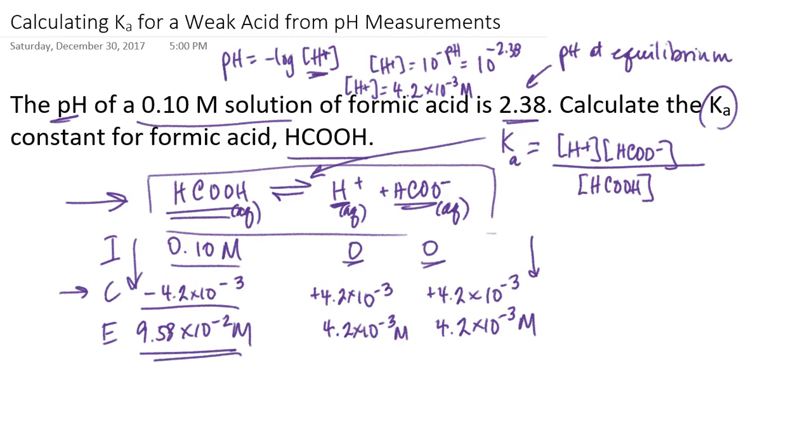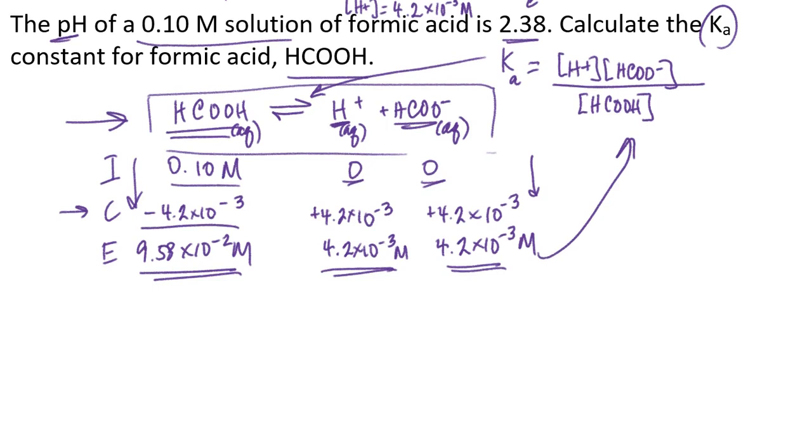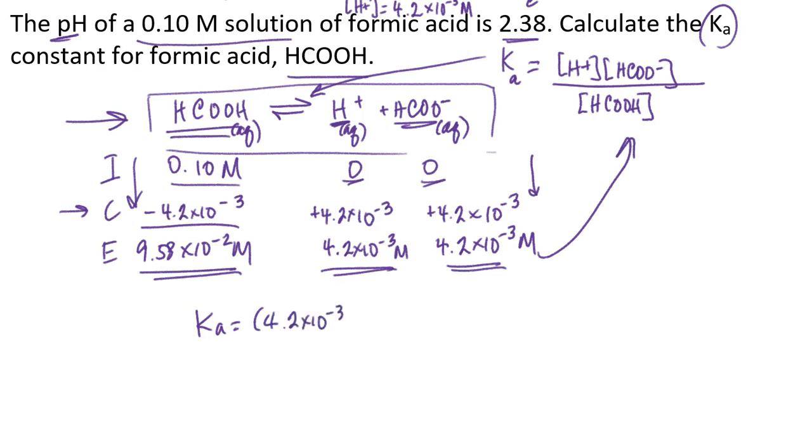Now that I have all of my equilibrium concentrations, I can plug into my expression for Ka, and I should be able to come up with a quantitative value. So that should be 4.2 times 10 to the negative third times 4.2 times 10 to the negative third divided by 9.58 times 10 to the negative 2.